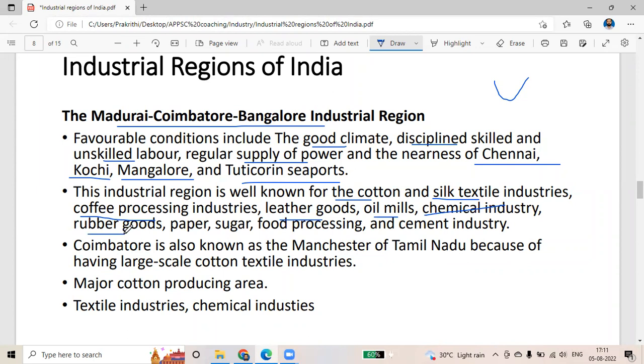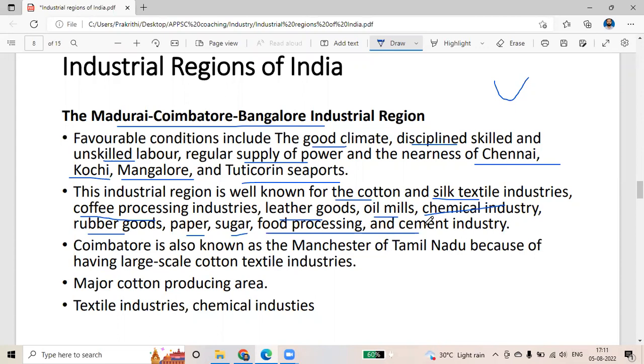When we studied about rubber, this rubber is mostly concentrated South India में है. We have discussed that also. कॉफी के बारे में भी बोला है, तो that also is mostly concentrated in South India में है. So coffee, rubber ये सब इसी एरिया पे. Other than this, we have pepper, sugar and food processing and cement industries located at this region.